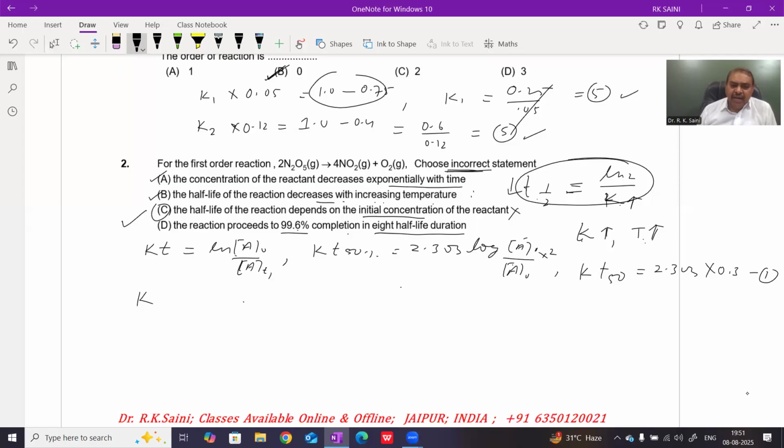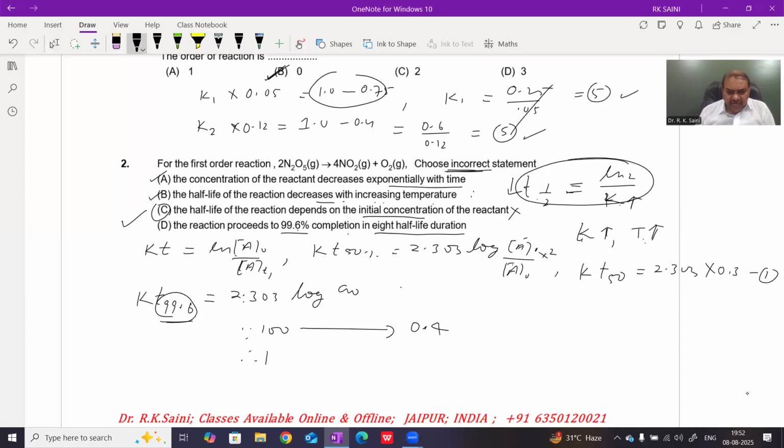Similarly, we write the integrated rate equation for 99.6% completion of the reaction. 2.303 log. If the initial concentration is A node, suppose initial concentration is 100, then after 99.6% completion the remaining concentration is 0.4.